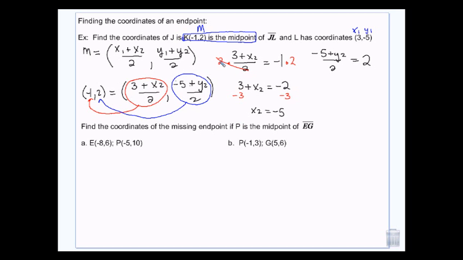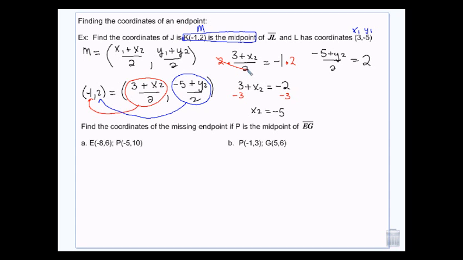Here, I multiplied both sides by 2 to cancel this 2 out. Because this is 3 plus x divided by 2, so to get rid of divided by 2, I multiply by 2, because it's the opposite. We always do the opposite. Well, we were dividing before, so we're multiplying now.